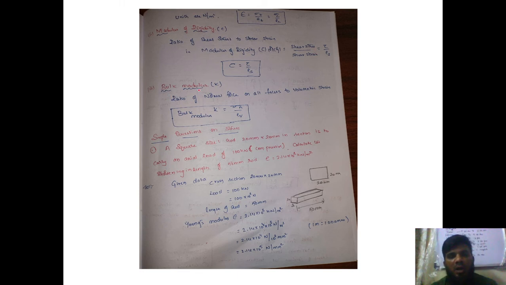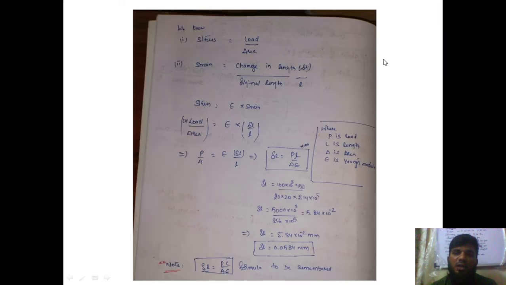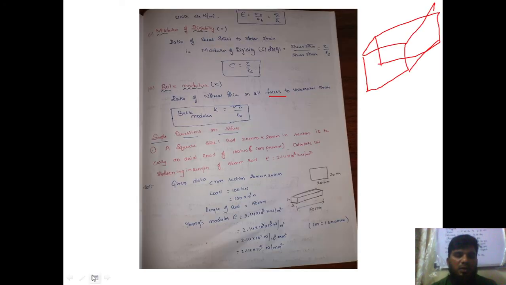Now what is bulk modulus? The ratio of normal force on all the faces of the body. When I say all the faces, if I take a volume like this, which I have taken previously also, the force is acting on all the faces of the surface. So how many faces will be there? If you see this, 1, 2, 3, 4, 5, 6. Six faces will be there.